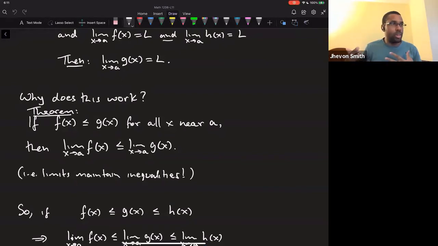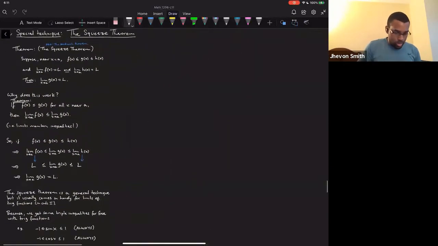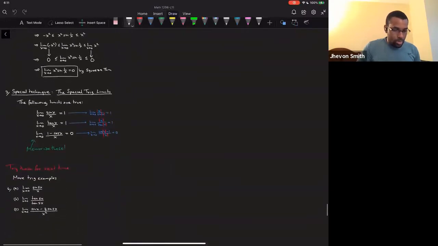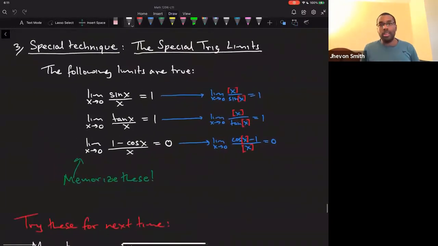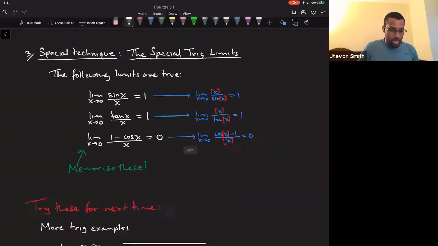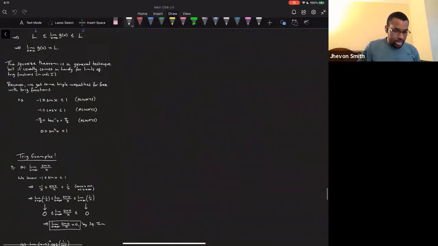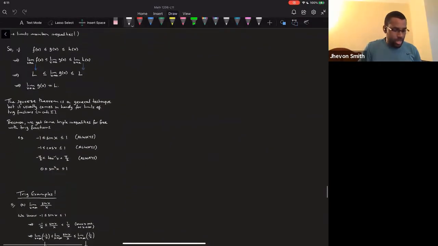When it comes to trig, you'll usually think squeeze theorem or the special trig limits, which I think was the next one. Yeah, the special trig limits. These are just limits that you have memorized and you can use them at any time. So that's another special technique. And so far we have 3 special techniques.